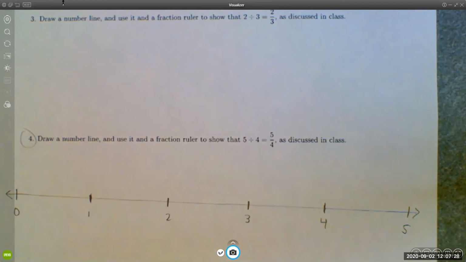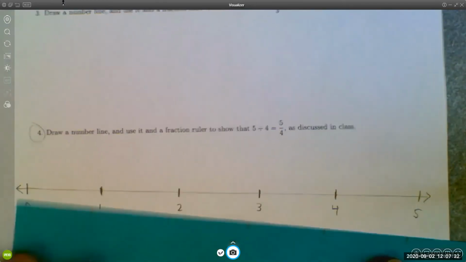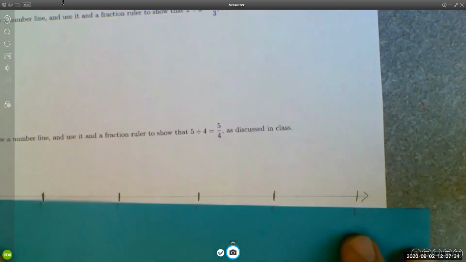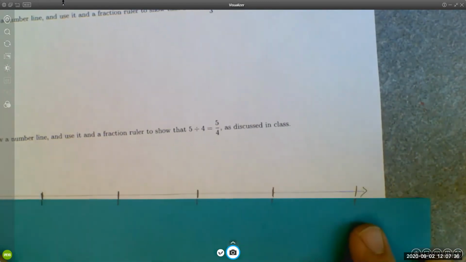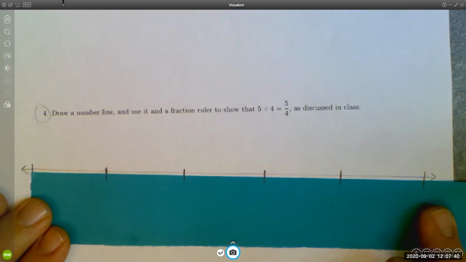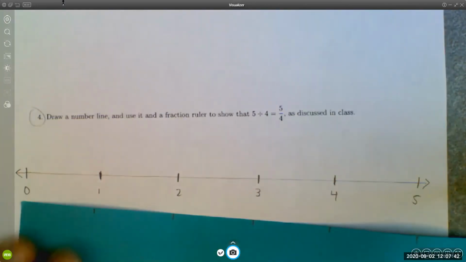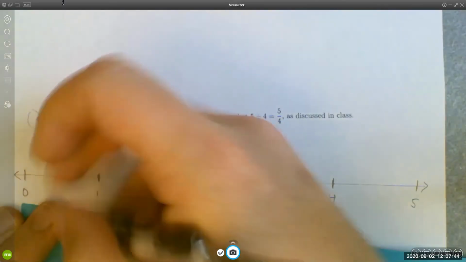5 divided by 4. What's 5 divided by 4? Well, 5 divided by 4 would mean taking this space from 0 to 5 and splitting it into 4 equal parts. So I'm going to erase these other marks so that I don't confuse myself.